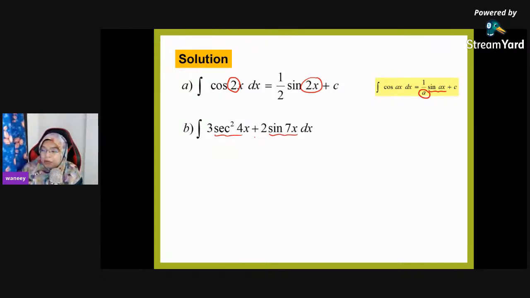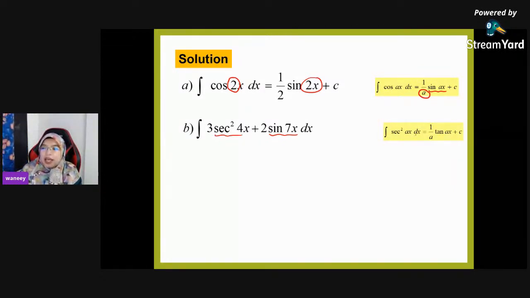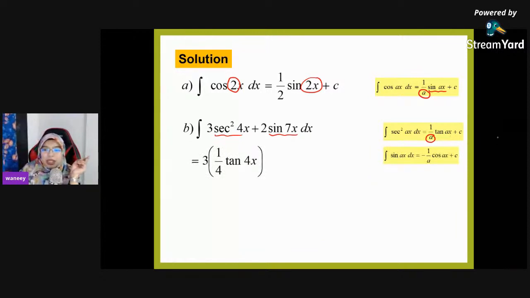So we write down the formula first. Integrating secant square ax dx will become 1 over the coefficient of x, tangent of ax plus c. And for the second one, if we integrate a sine, it will become negative 1 over a cos of ax plus c.